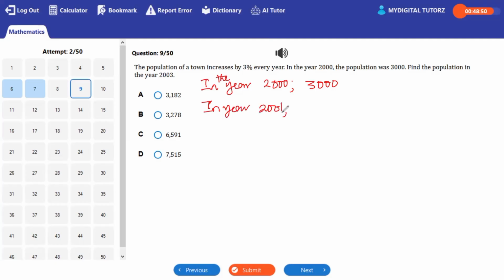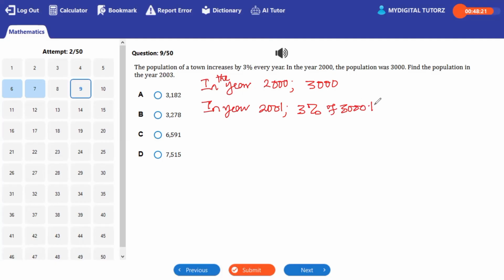Now, in the year 2001, what happened to the population? There's an increase by 3% every year. Is that correct? So in every year you have a 3% increment, meaning I'll have to find the 3% of the 3,000 population we had in the year 2000, then add it to that 3,000.